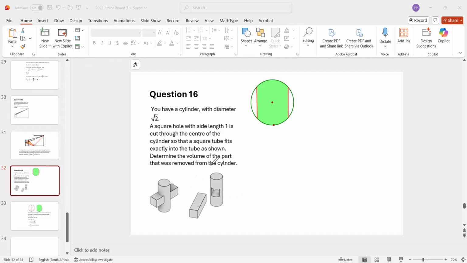Now they say determine the volume of the part that was removed from the cylinder, in other words, this part here. This is quite revealing: there's a hole created here, and this thing fits exactly into that.